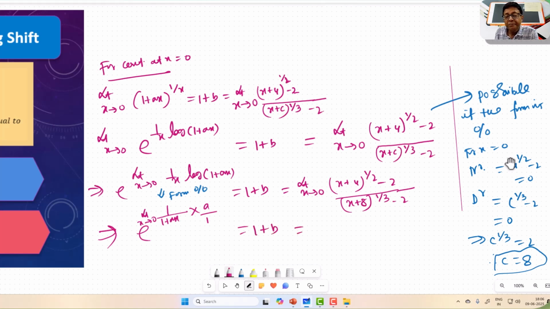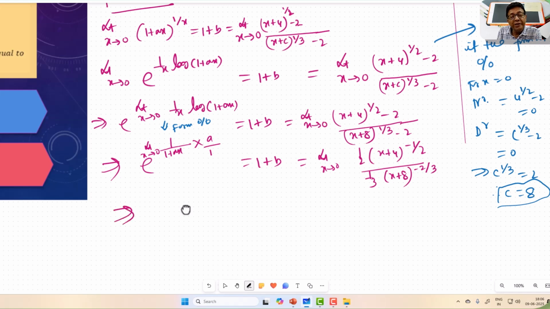plus b, and this is what? This form is 0 by 0 now. So you can differentiate numerator and denominator here, that is 1/3 x plus 8 1/3 minus 1 is minus 2/3. Alright.